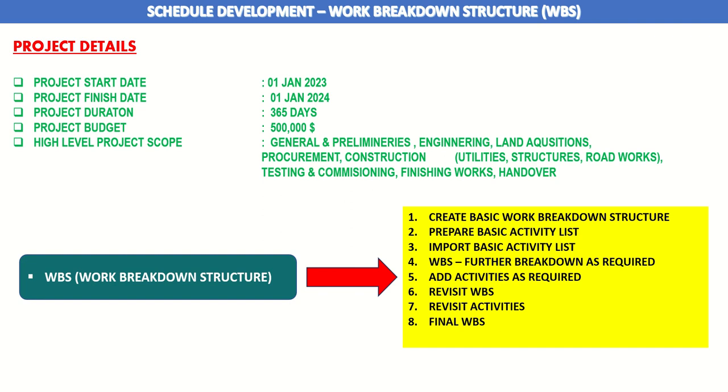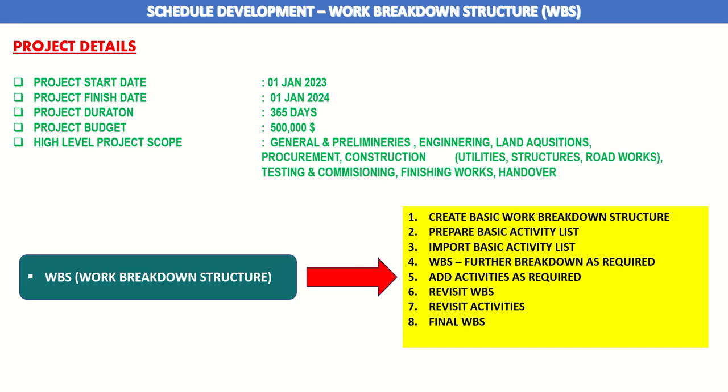And so let's move on by creating a basic activity list, a high level activity list, for the sake of getting the structure done, and import it back into Primavera to the basic WBS structure that we created.